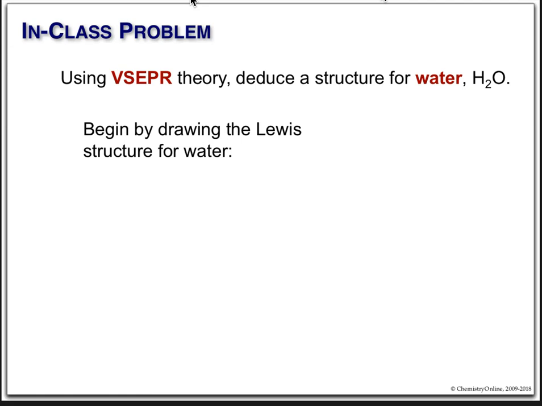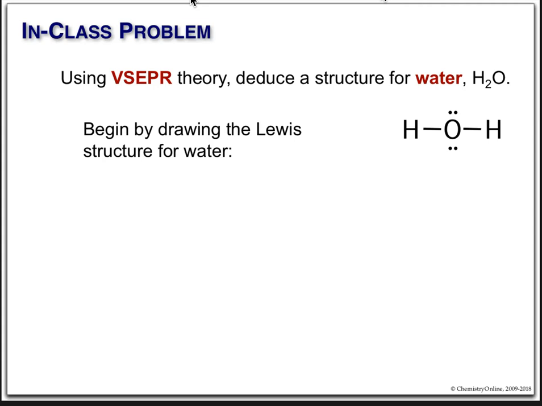It has 6 electrons around it. 2 of them are unpaired. Hydrogen has 1 electron. We want to stick them together, pair it up, and that's what you should do. Something like that. Doesn't matter where you put the hydrogens.